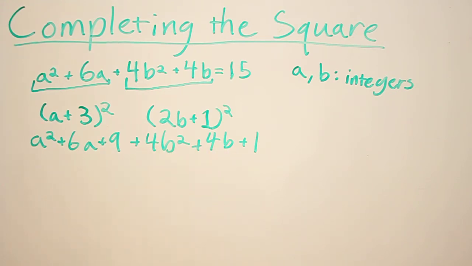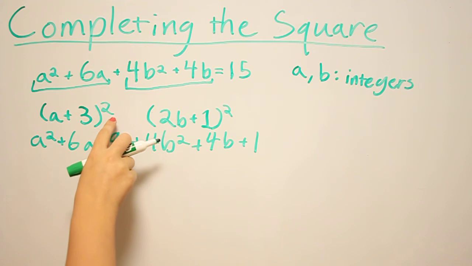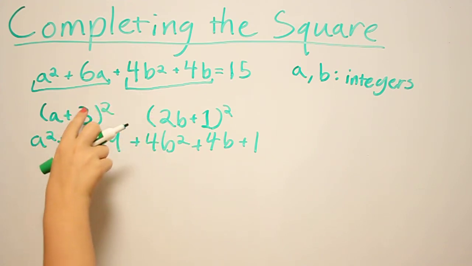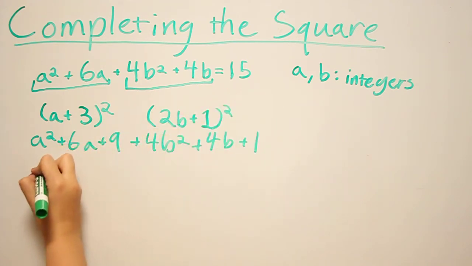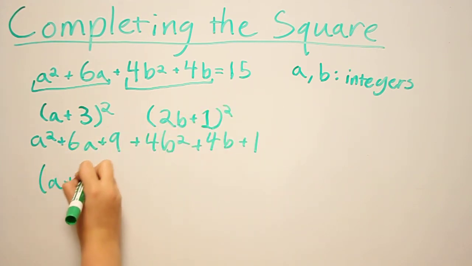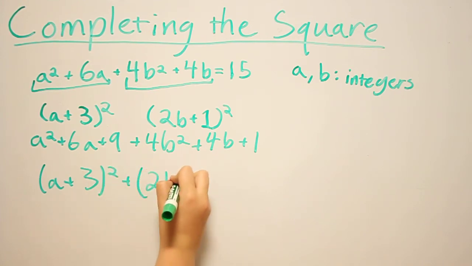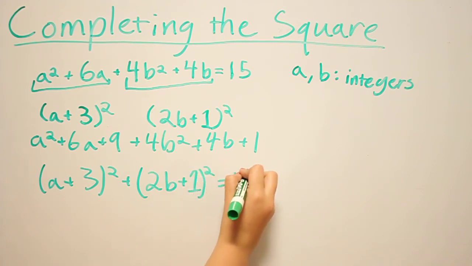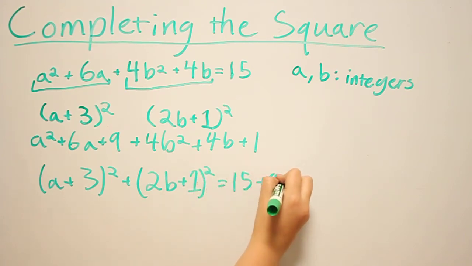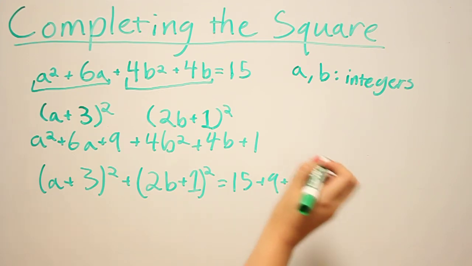Well, what we could do is add 9 and 1 to this side of the equation too. And then you could simplify it to this and this. So a plus 3 squared plus 2b plus 1 squared would actually equal 15 plus 9 plus 1, which is 25.